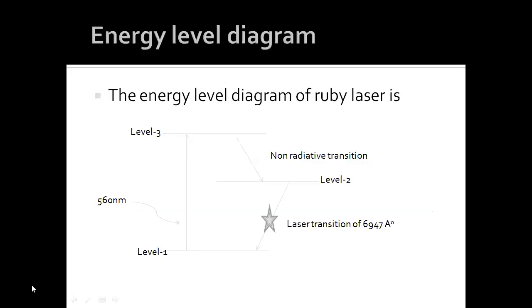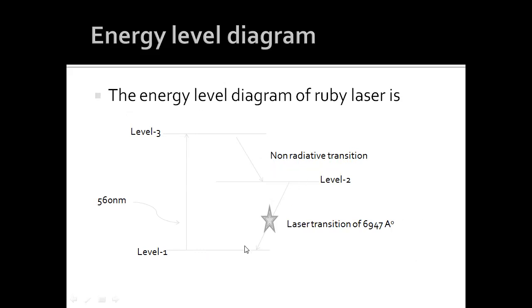Here on the screen, you can observe the energy level diagram where, from level 1, by absorbing 560 nanometers of light flash from the xenon flash lamp, chromium ions get excited from level 1 to level 3. From level 3 to level 2 there is a non-radiative transition, where heat energy is released, so we send cool water around the ruby rod for cooling.